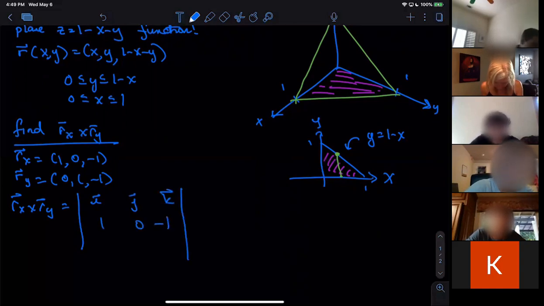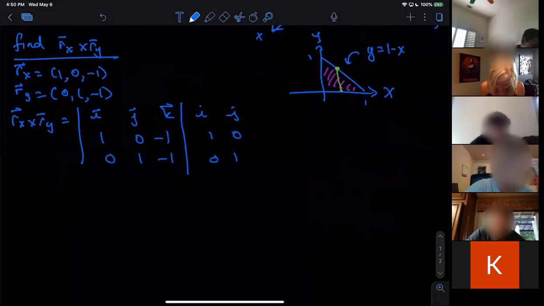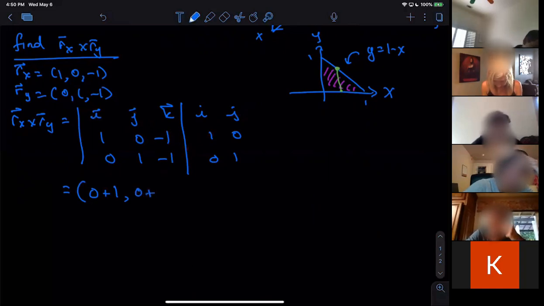Let's see, the forward direction for i is 0, and the backward direction is -1. So I have 0 minus a -1, so that's +1. Forward direction for j is 0, the backward direction is -1, so I've got 0 minus a -1 again. Forward direction for k is 1, backward direction is 0. So I've got 1, 1, 1.